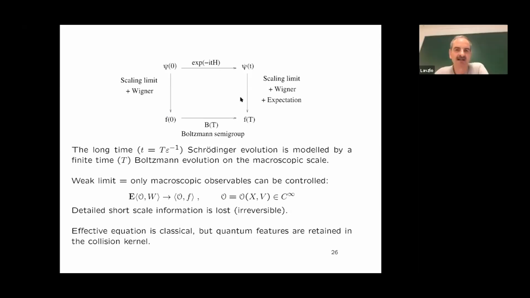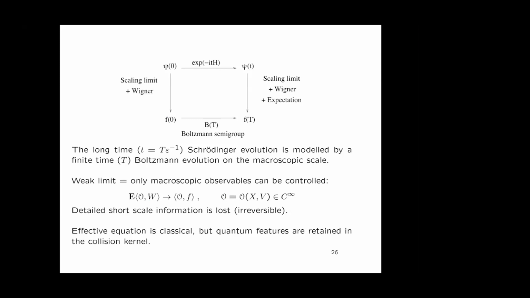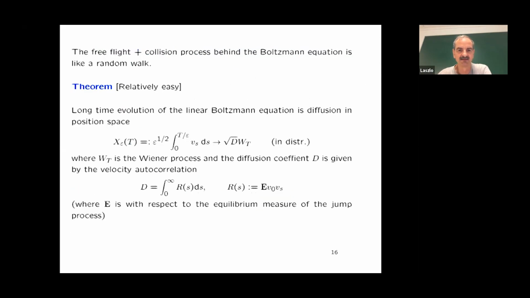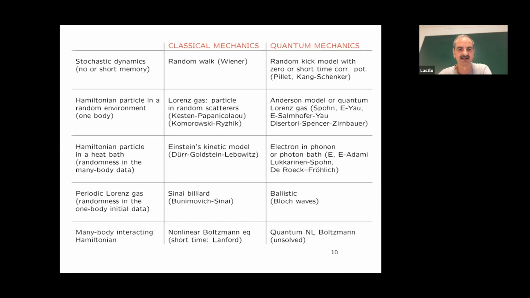Yes, Lanford's result was actually mentioned. Lanford's result is also a commutative diagram, if you wish. Up here in Lanford there would be the true Hamiltonian classical dynamics, and down it would be the nonlinear Boltzmann equation. Let me go back, because Lanford was actually on the picture, I just didn't mention it. So Lanford is down here.